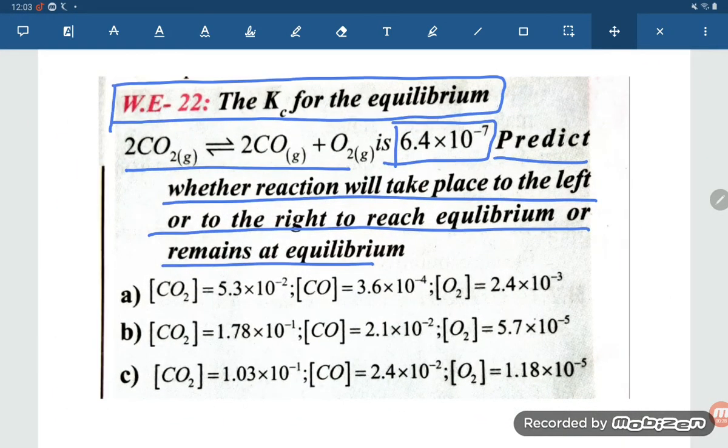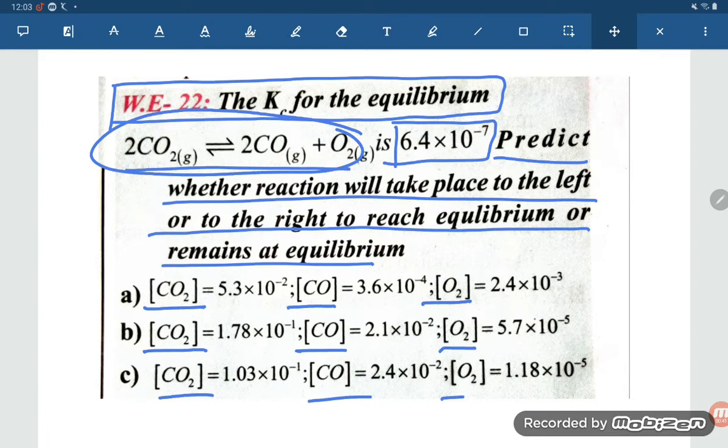For this equation, they have given the concentrations of CO2, CO, and O2, which are different, and they are asking to predict whether the reaction will go to the left side or to the right side.